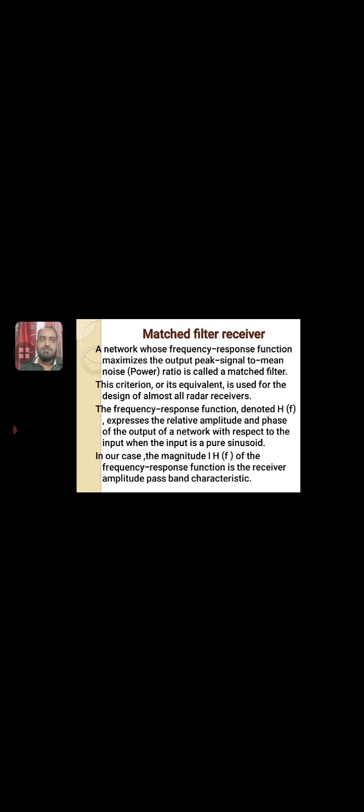If the bandwidth of the receiver passband is wide compared to that occupied by the signal energy, extraneous noise is introduced in the excess bandwidth, which lowers the output signal to noise ratio. The receiver bandwidth should match with the matched filter bandwidth. In such cases, what will happen?